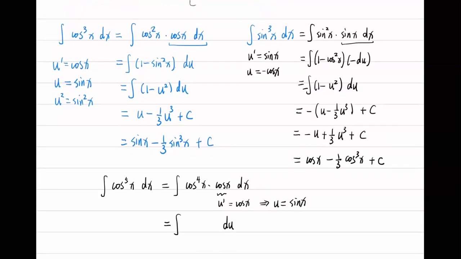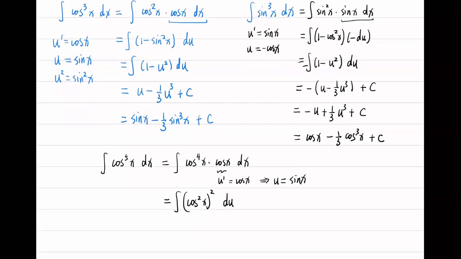If it's cosine square, split it again. So this will be the square of the square. It will be cosine square, squared.